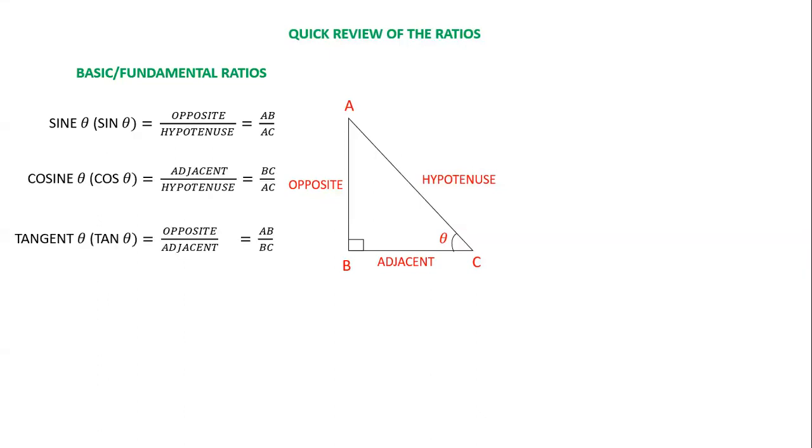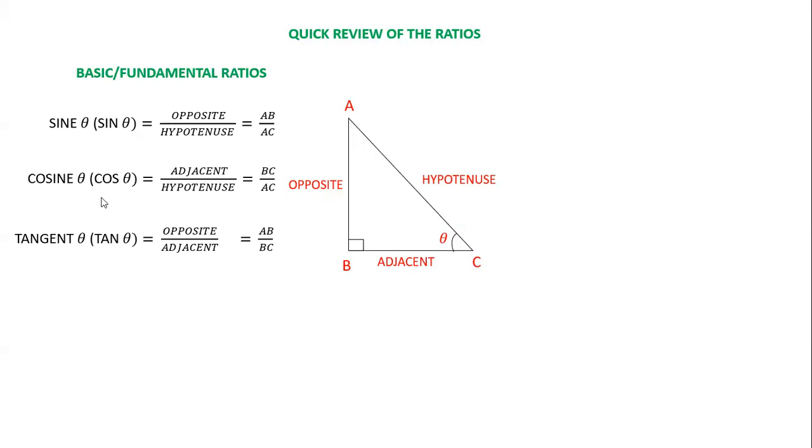Third ratio is tangent theta. Tangent theta, that is in short, is written as tan theta. It is opposite upon adjacent. Opposite with respect to this angle is AB, and adjacent side with respect to this angle is BC. So AB upon BC. So these are the three basic fundamental ratios.